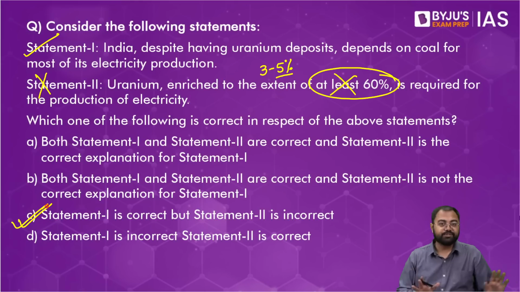So these are the questions that were asked in your prelims examination. As you can see, the questions are a mix of static and dynamic portions, and some of them have come from things that we have discussed, while some have come from what we have not discussed. But more importantly, a lot of these questions were discussed in the class or in the current affairs sessions in one way or the other.